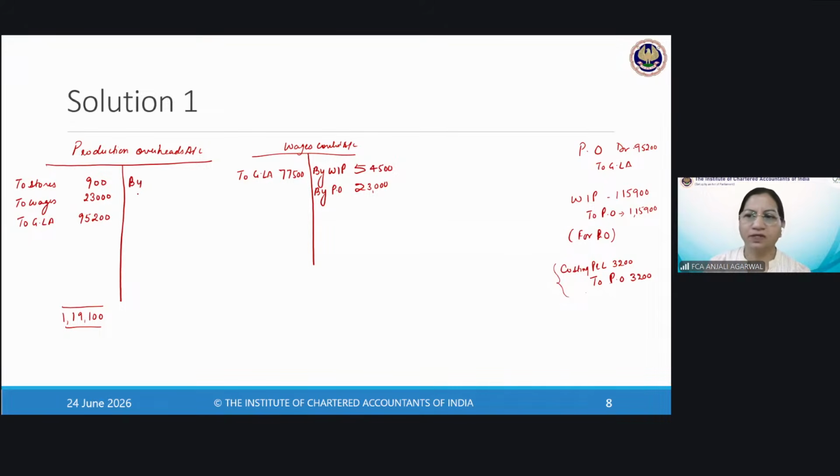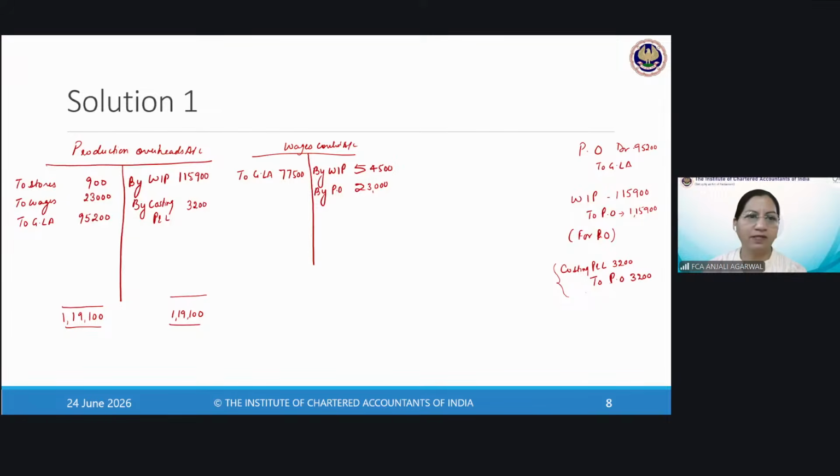So pass these two journal entries: WIP 1,15,900, and production overheads under recovered written off to costing P&L account 3,200. And you will see that your production overhead account is 100% matching and closed. There is no balancing figure to be carried for the next quarter or next period.